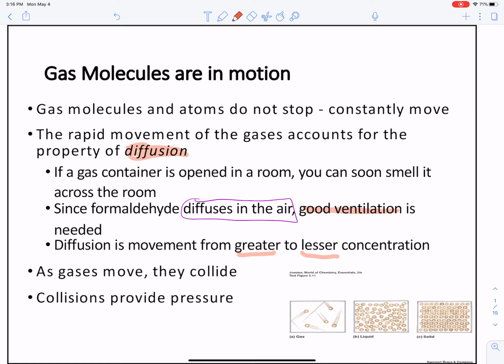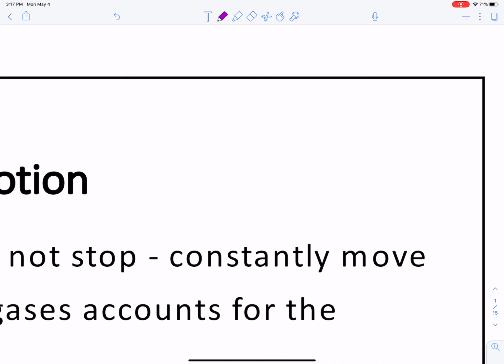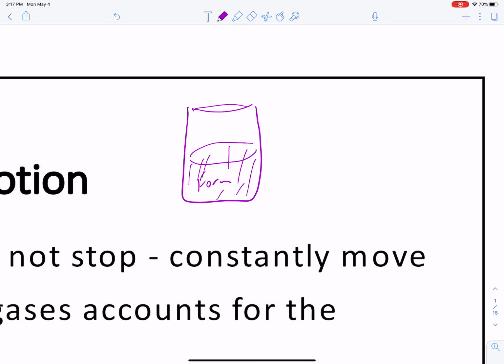So if I have, let's go ahead and kind of draw this out. So I've got a container. Let's make this container, and it's full of formaldehyde. I'm going to call it just formaldehyde. And I put this container into our virtual classroom. So we'll take this thing.